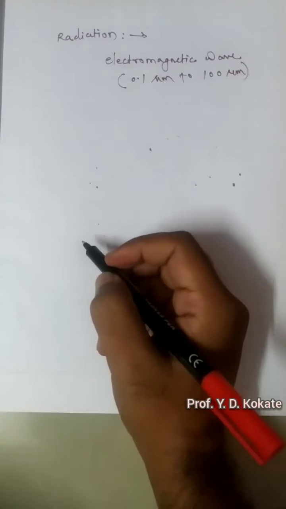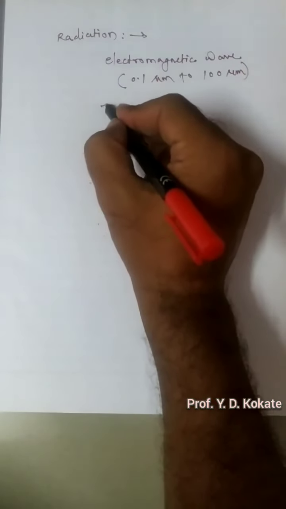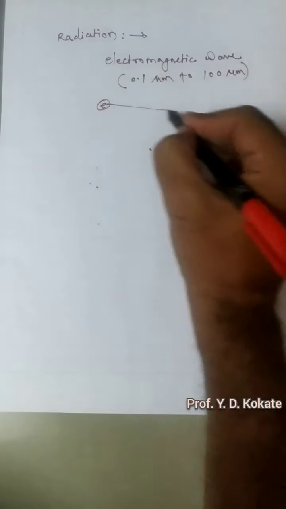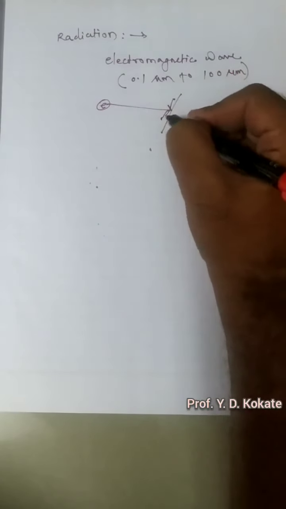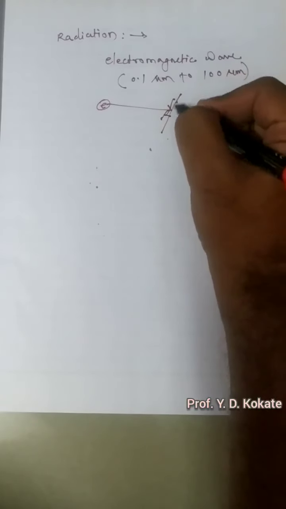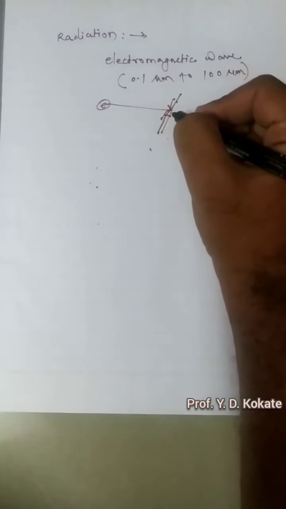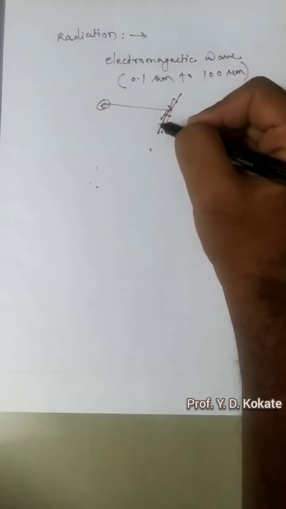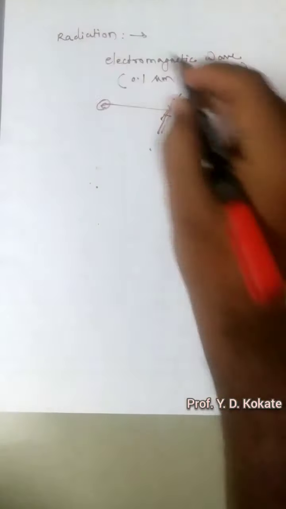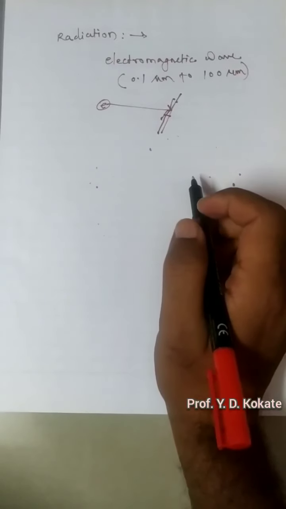These are one kind of energy packet, and when this energy packet bombards or collides with a surface, it will dissipate the heat and this heat will be absorbed by the surface, and due to that the surface feels some temperature. Like this heat is transferred, that type of heat transfer is called radiation.